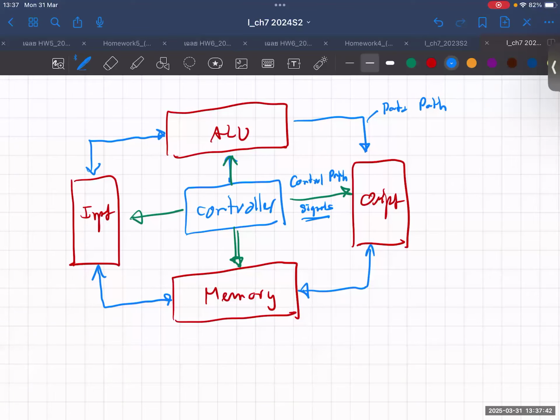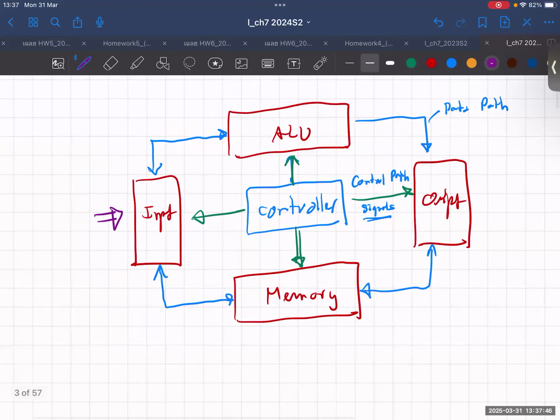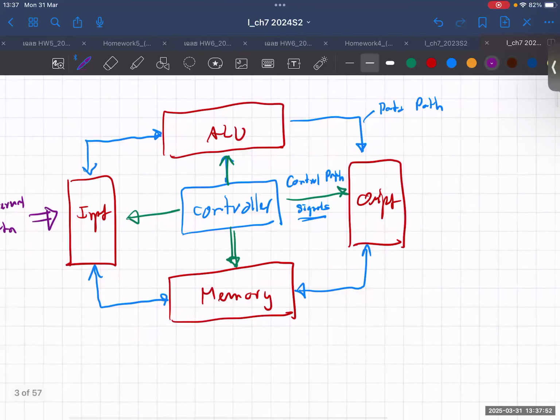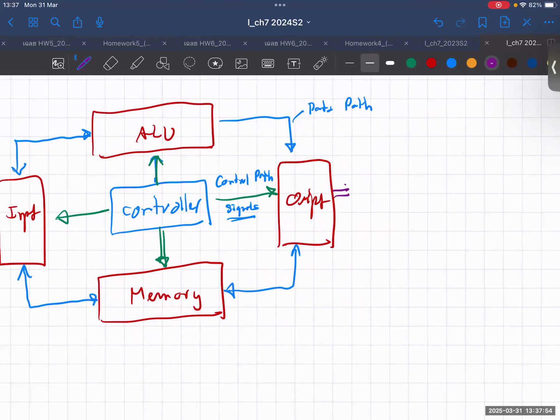Then we can have input and output from outside. So this is external data. We can import external data, and we can also export or output to external entities, or the next unit, or external devices to the other devices.